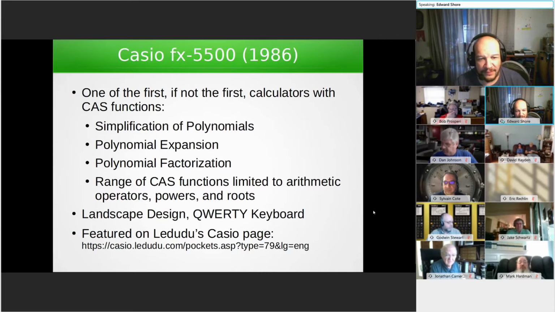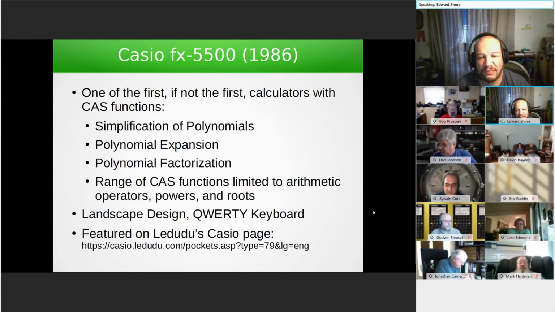If you want to see a picture, you can go to Ladudu's Casio page, a very excellent source of all things Casio.